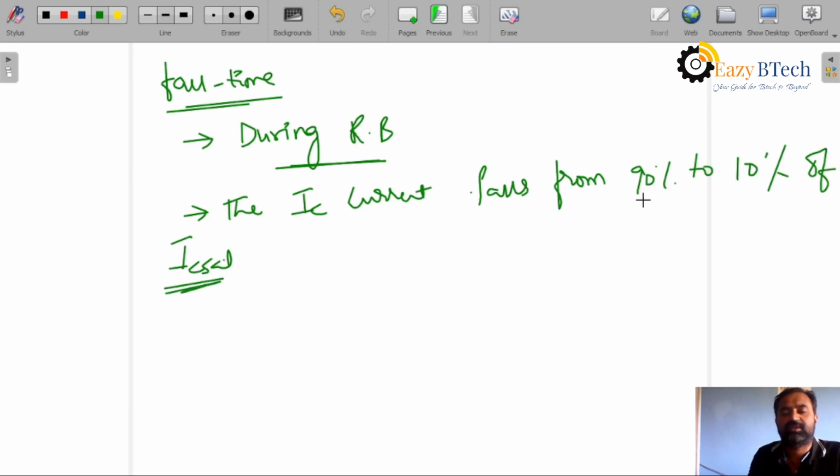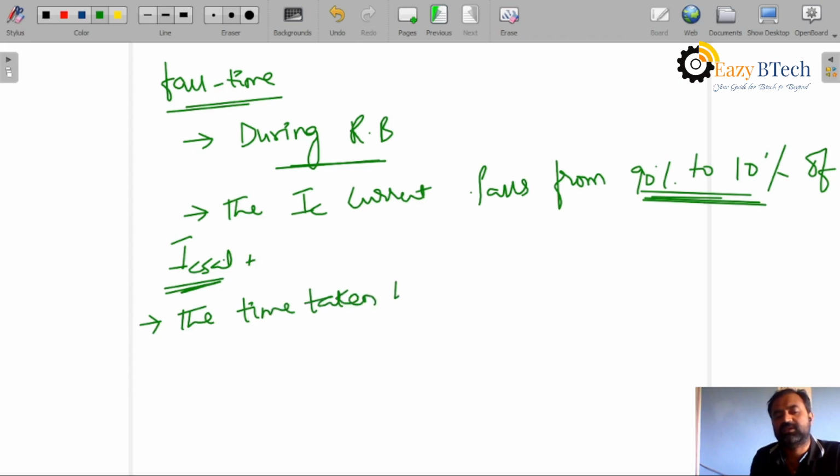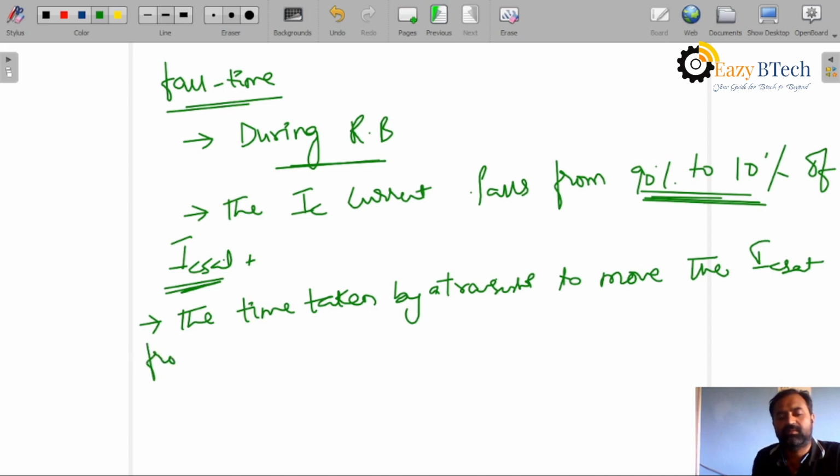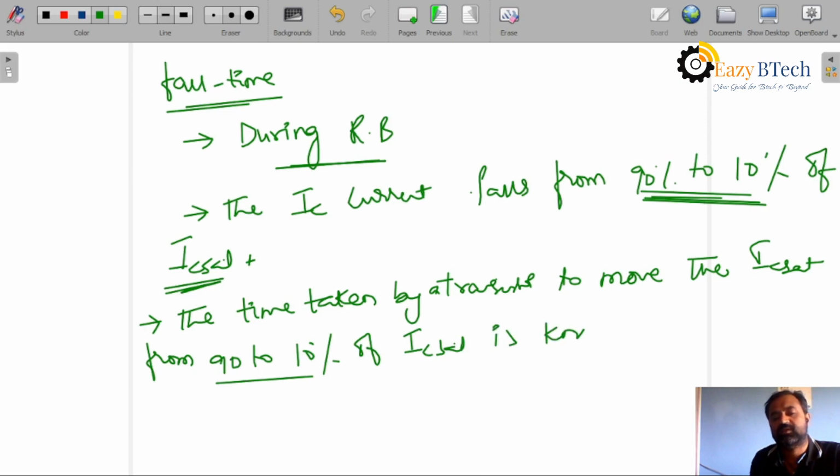The time taken by a transistor to move the IC saturation current from 90% to 10% of IC sat is known as fall time.